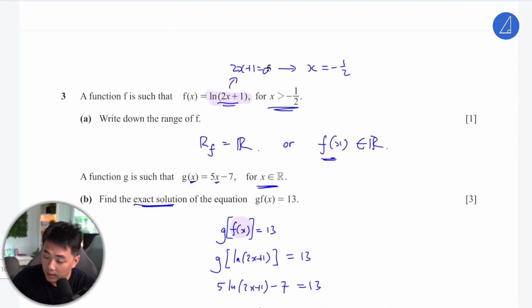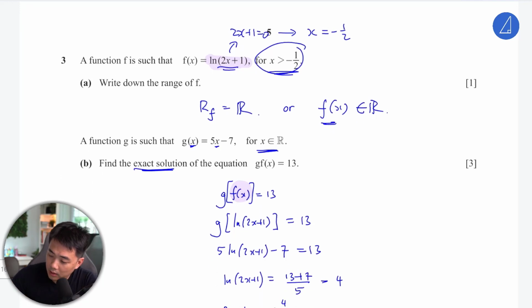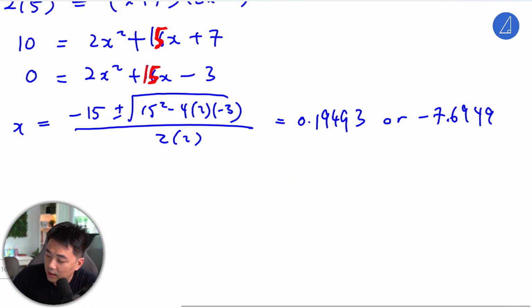Now the thing is, we may need to reject one of the roots here, and look at this over here. X is more than negative half, sorry, not at least. So essentially we can't fit the negative in, so reject as x is more than negative half here.